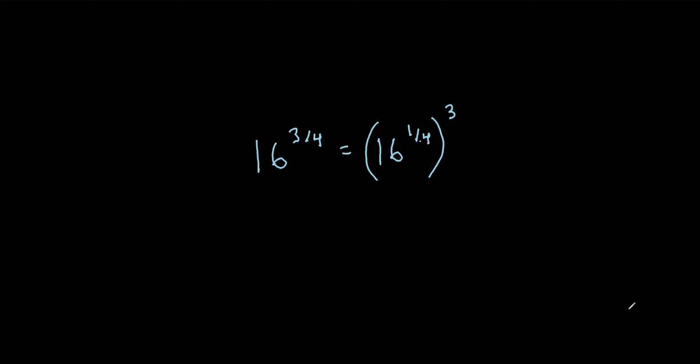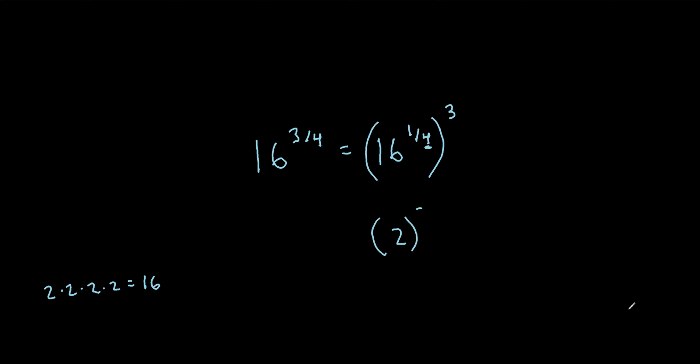Well, a trick that you can use here is you can think, what number multiplied by itself this number of times, the denominator, what number multiplied by itself 4 times can get us 16? Well, it turns out that number is 2, because 2 times 2 times 2 times 2 is 16. So 16 to the 1/4 is 2.